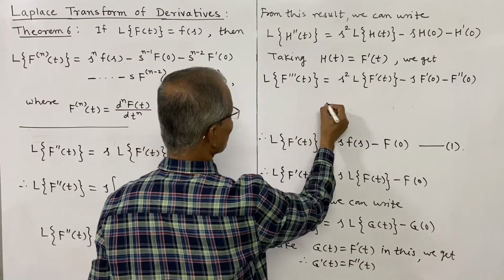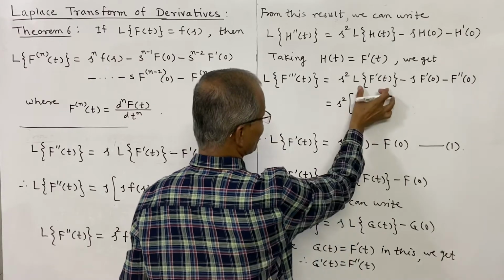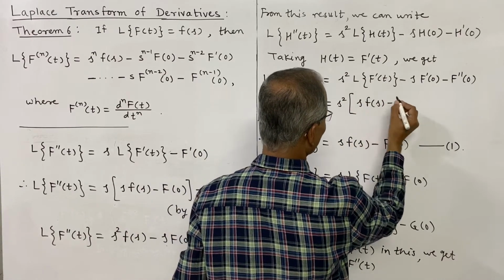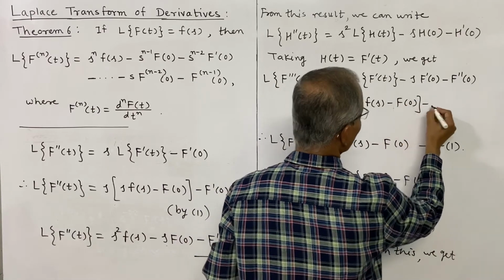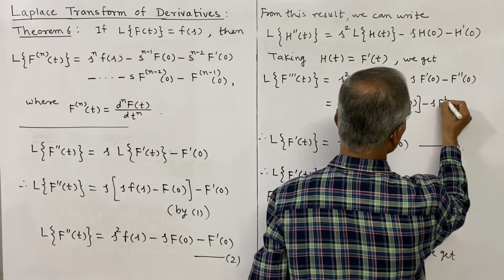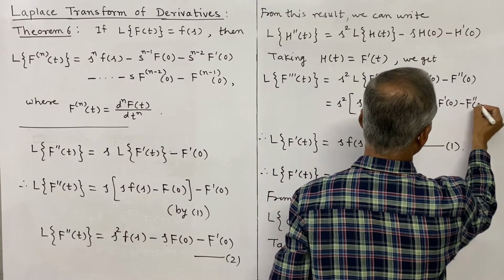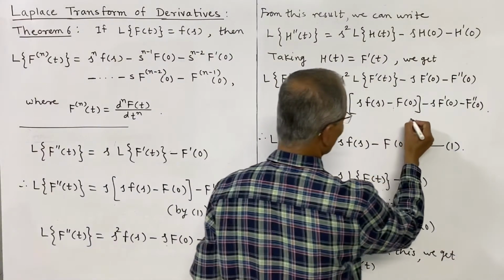So that is equal to s square in bracket, s F(s), since L of f dash t is s F(s) minus capital F at 0, minus s f dash at 0 minus the second order derivative of f at 0. So this we have obtained and we may write by 1.